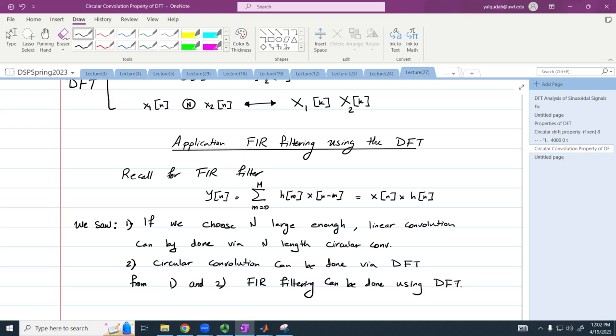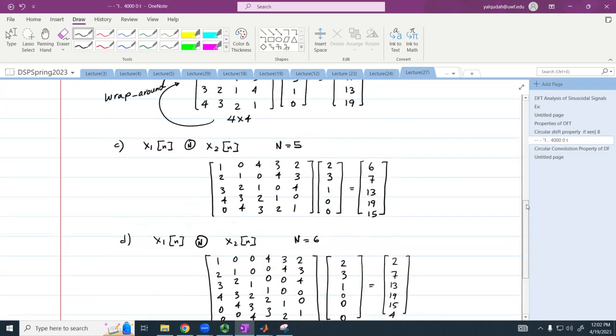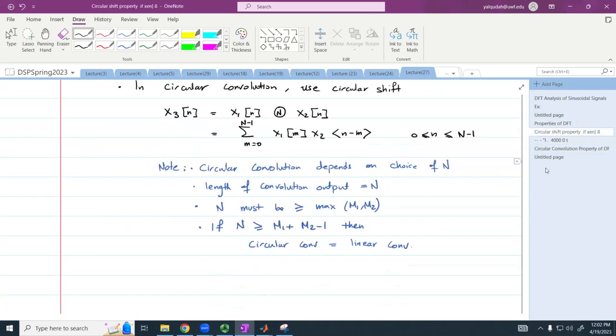Together? So again, if we choose N large enough, the circular convolution is equal to the linear convolution. And we looked at the circular convolution property. We said we can evaluate the circular convolution using the discrete Fourier transform. Where was that property? Here.